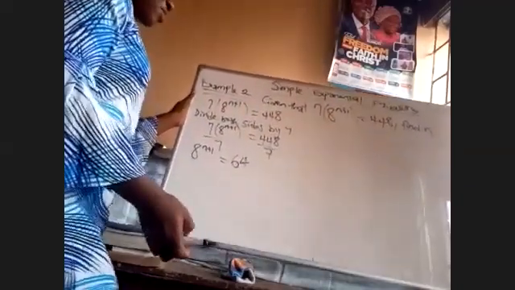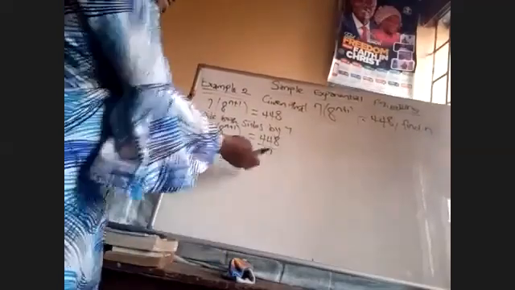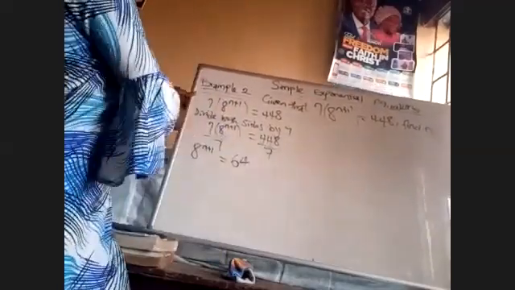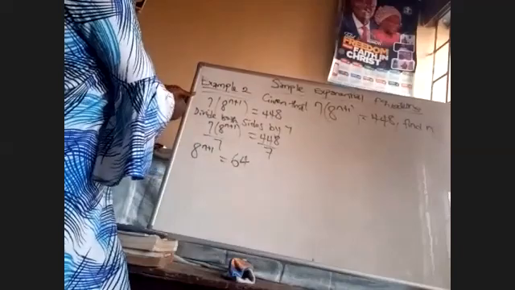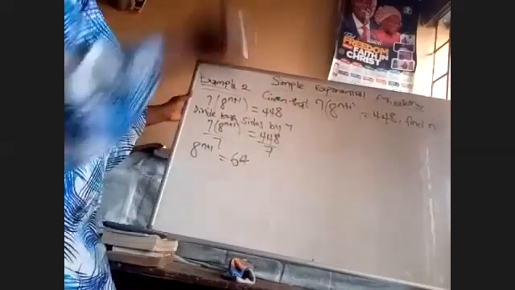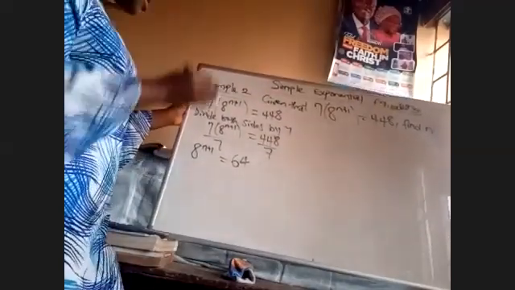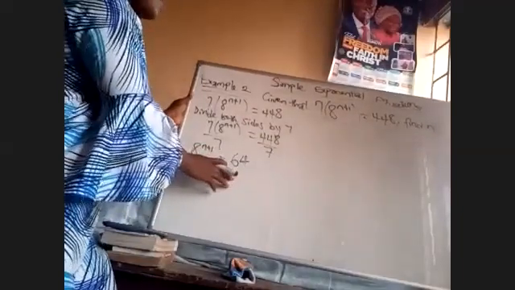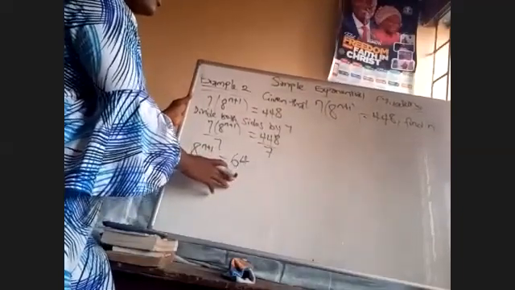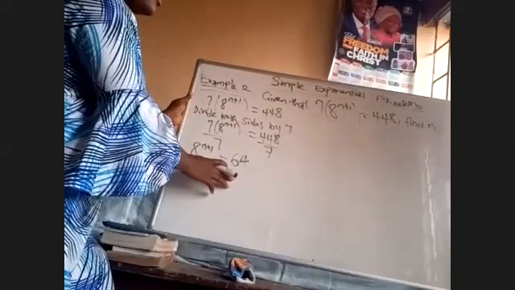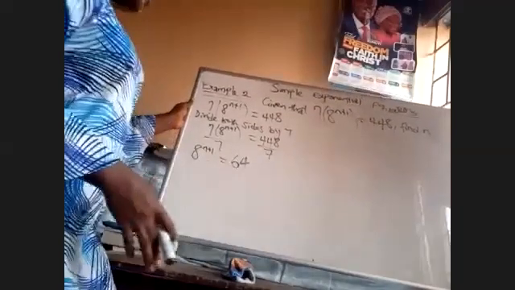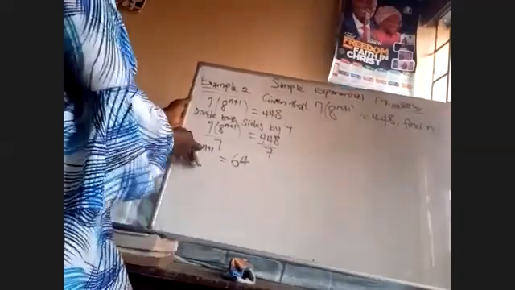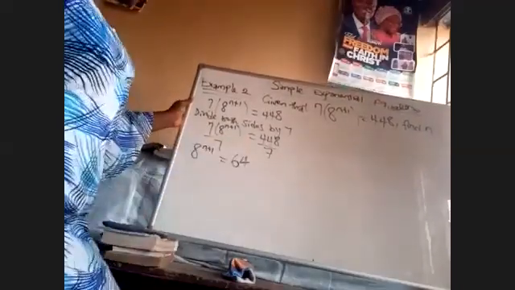Now, how do we go about this? If we want to solve this, looking at our left-hand side and our right-hand side, one of the ways of solving this is to compare both sides. Now, if we want to compare, we have 8 raised to power n plus 1, and we have 64.